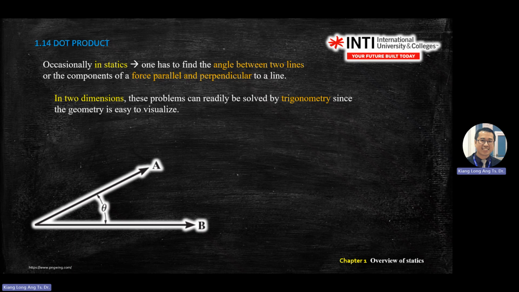This is A. Compare side by side. The question asks you about B and A. Where are B and A? Here. So you want to find this one. A sin theta equals A y. Rearrange: A y equals A sin theta. Apply the same for A x.